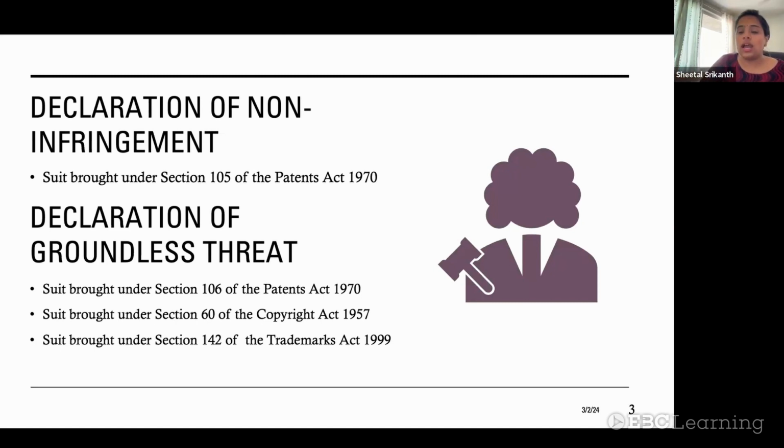So the first is under the Patents Act, under Section 105, there is a specific right available with a person to bring an action for obtaining a declaration of non-infringement.